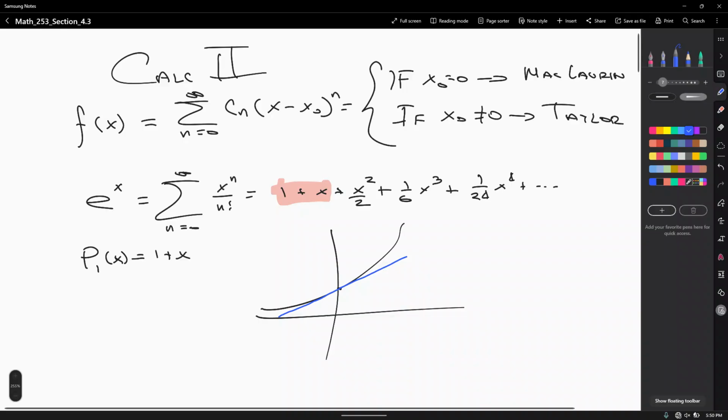This first degree polynomial is a good approximation for a certain neighborhood of values, maybe around this value. Did you see how the tangent line is very close to the function values in the exponential function? But if I start going away, look at this distance.